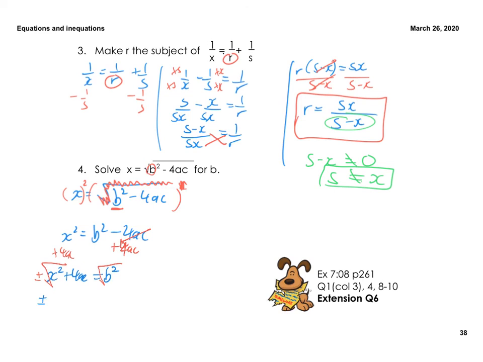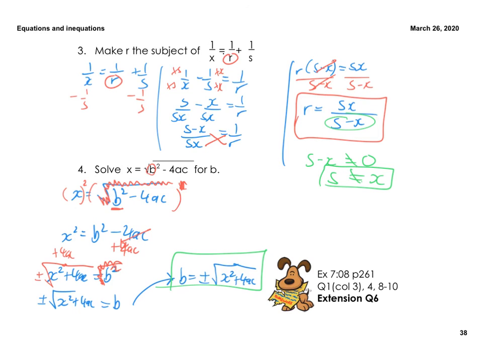So plus minus, and that's a big square root by the way, plus minus square root x squared plus 4ac equals b, because these now cross off. So therefore final answer, b equals plus minus square root x squared plus 4ac. And that is my final answer.